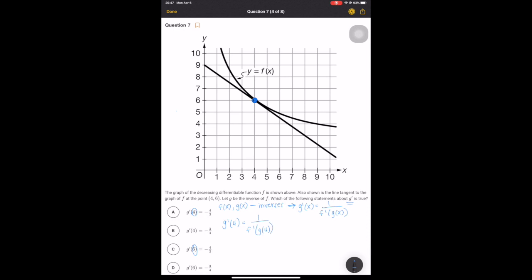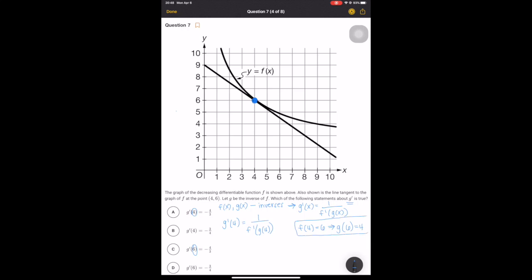Do we know what g of 4 is? Not from the graph because the graph is of f. So here we have to remember a property of inverse functions. We know that if f of 4 is 6, then g of 6 is 4, simply because f and g are inverses.